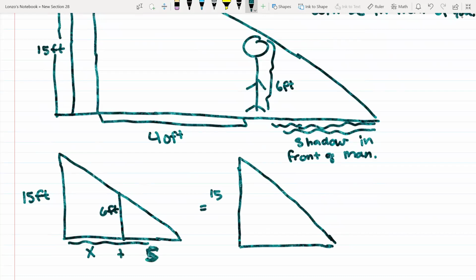We don't know the length of the shadow, so it's not x plus 5, it's x plus s. The smaller triangle has height 6 and base s, the shadow.